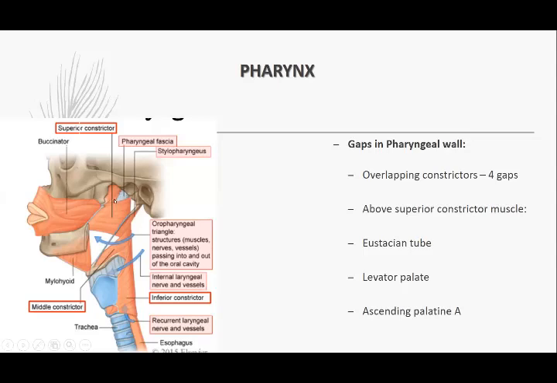Okay, eustachian tube, levator palatini muscle, and ascending palatine artery.